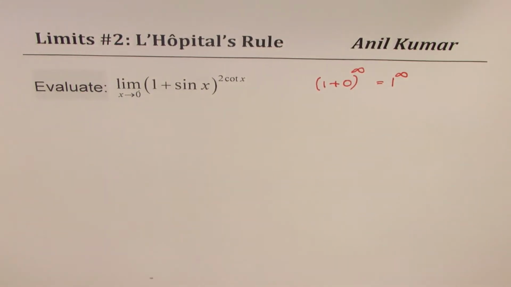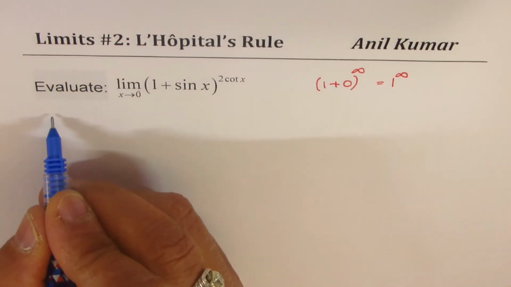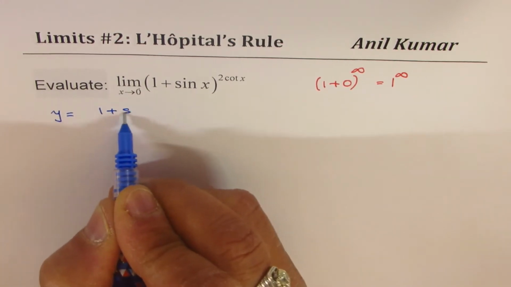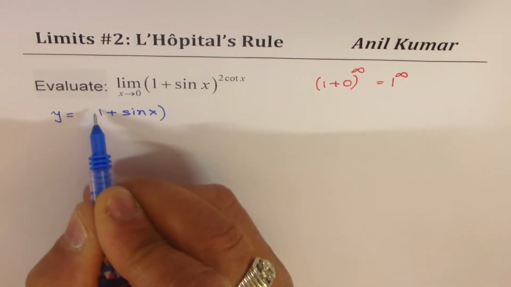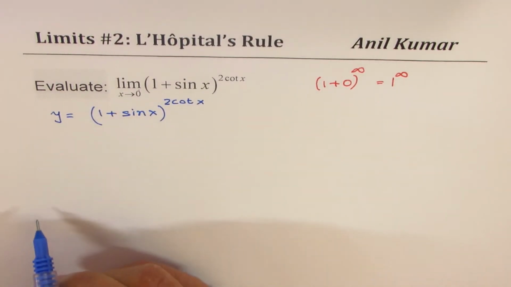Now let us try to understand this strategy, how to apply this rule. We could actually make a substitution saying y equals 1 plus sine x to the power of 2 cotangent x.